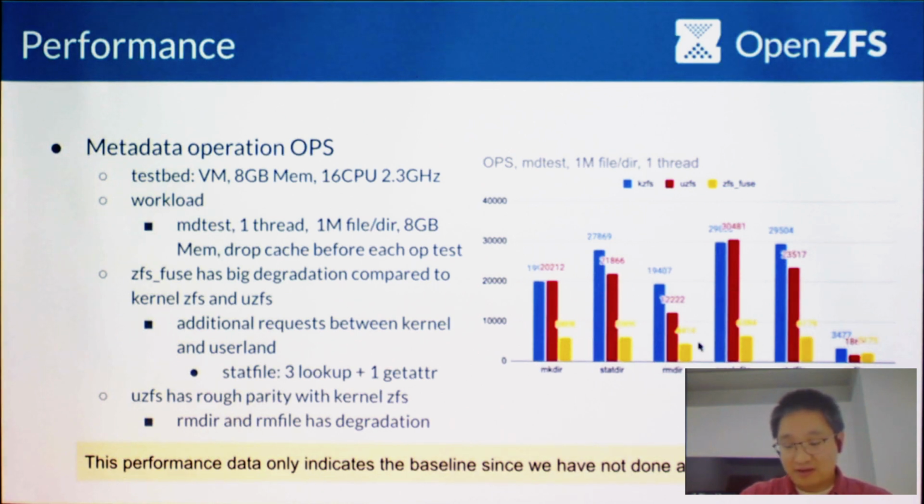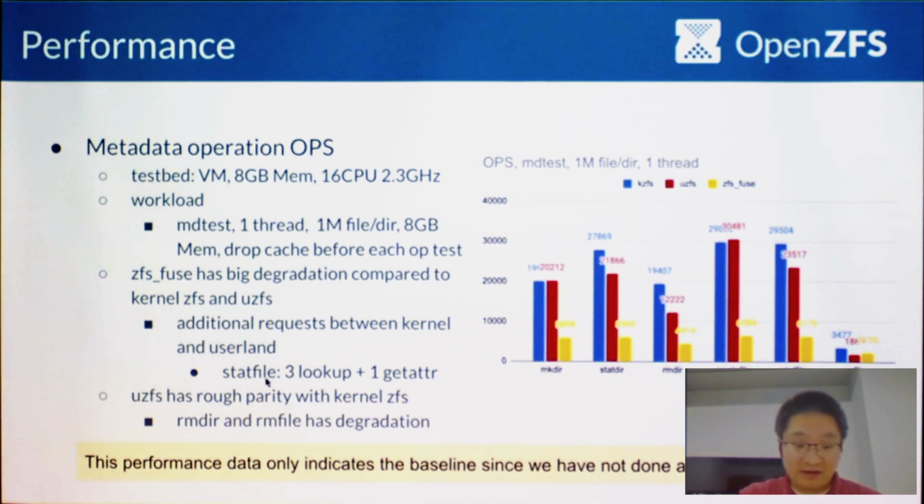And the data is around 5,000 at that level. And I think this is understandable because there are additional requests between kernel and userland when we're using FUSE.